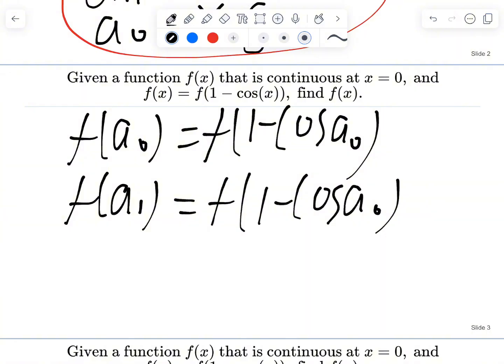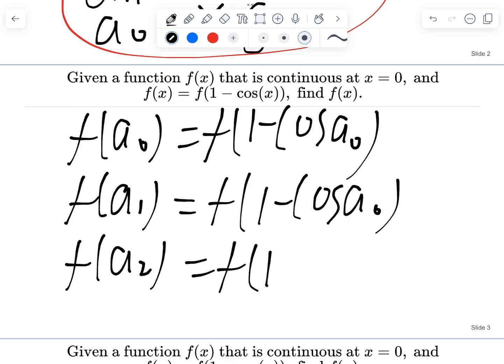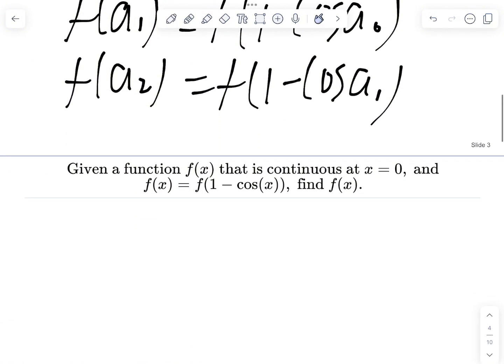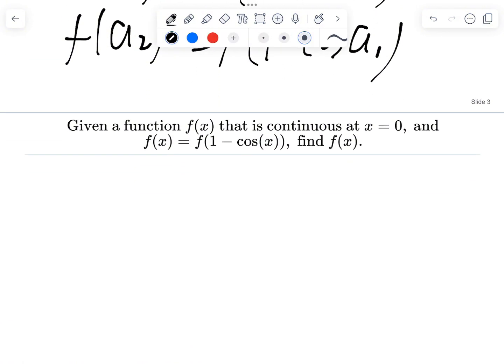And using the recurrence relation again, we can find that f(a sub 2) equals f(1 minus cosine a sub 1), and 1 minus cosine a sub 1 is just originally equal to the original satisfaction of a sub 1. So we can figure out the specific relation, which is that all the terms equal the same function above.